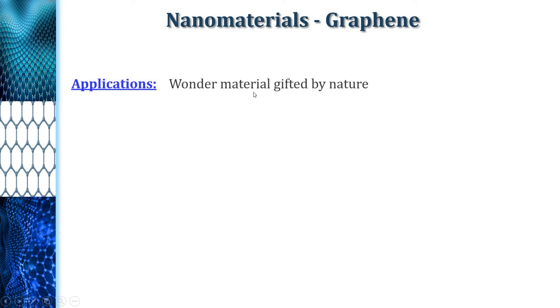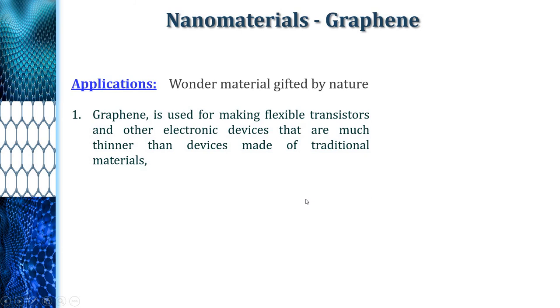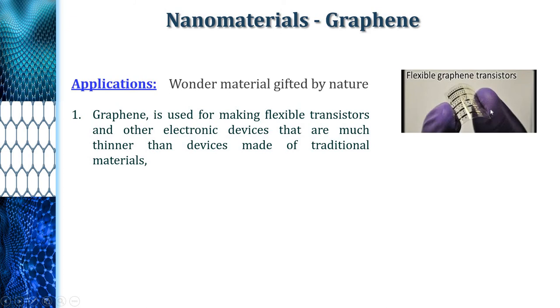So with this gift, we will see where it is used these days. Applications: graphene is used for making flexible transistors.